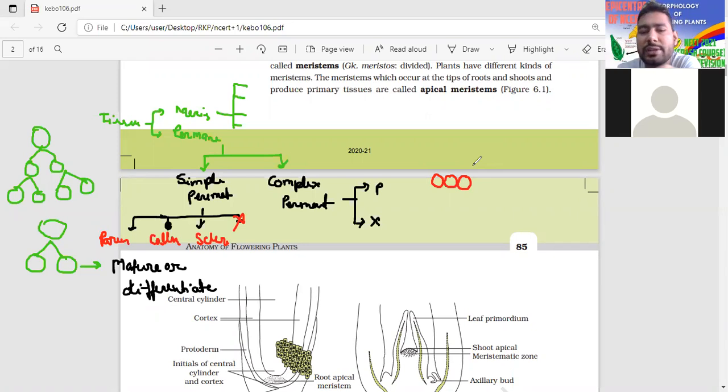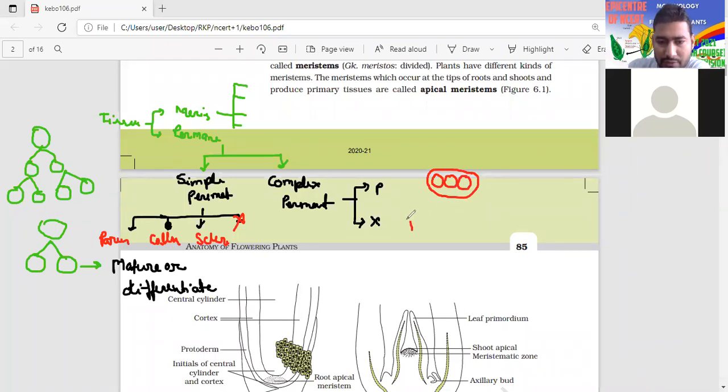So that's why it is called complex permanent. But in case of the simple permanent tissue, the shape of cells is always similar and the function is similar. Simple permanent tissue means the same type of cells and similar function.